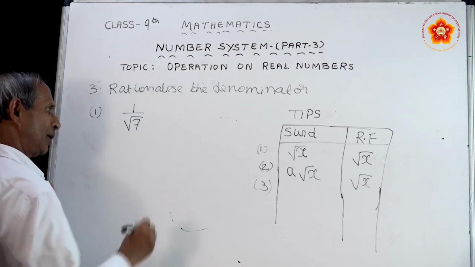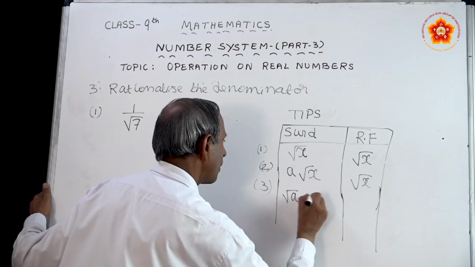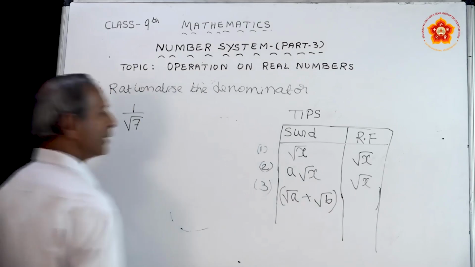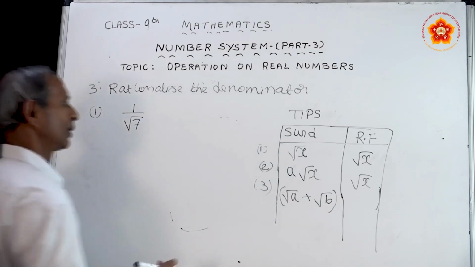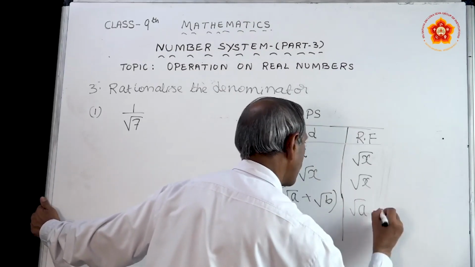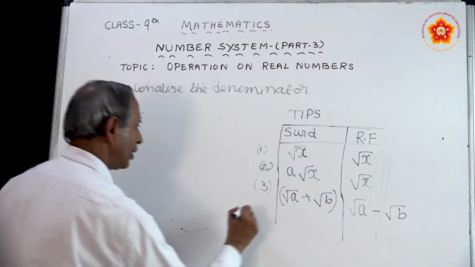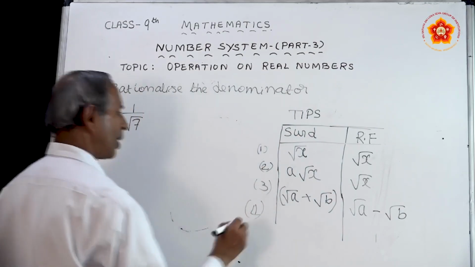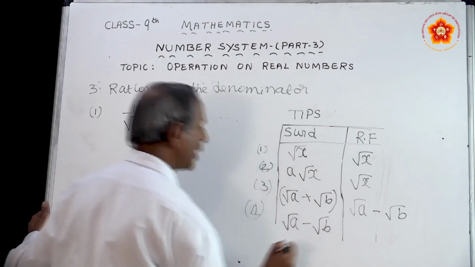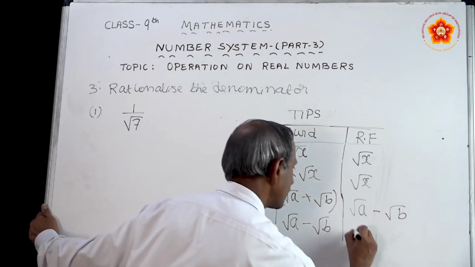If the given surd is in the form of square root of a plus square root of b, now it is a binomial, then its rationalizing factor becomes square root of a minus square root of b. On the other hand, if the given surd is in the form of square root of a minus square root of b, then the sign will change, minus changes to plus, that's the only difference.